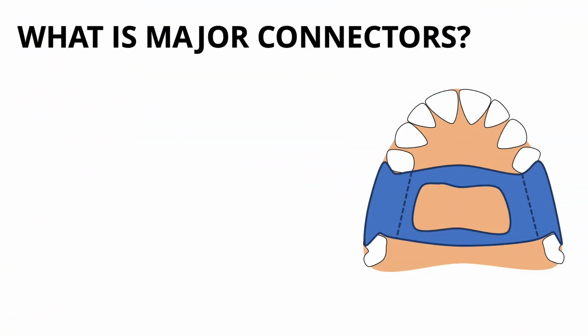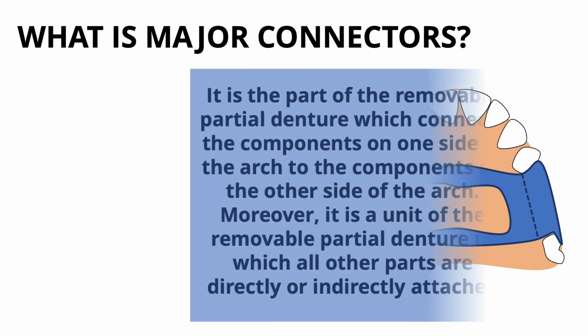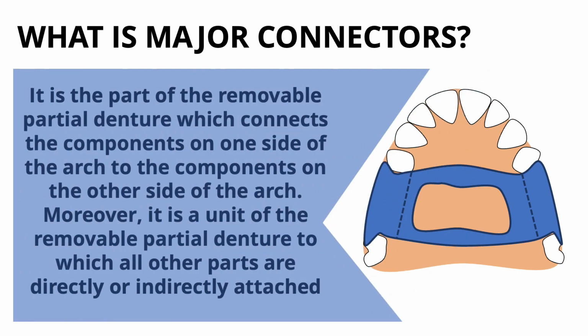What are major connectors? It is a part of the removable partial denture which connects the component on one side of the arch to the component on the other side of the arch. As you can see in the figure, the dentition from one side is connected to the other side with the help of the major connector.